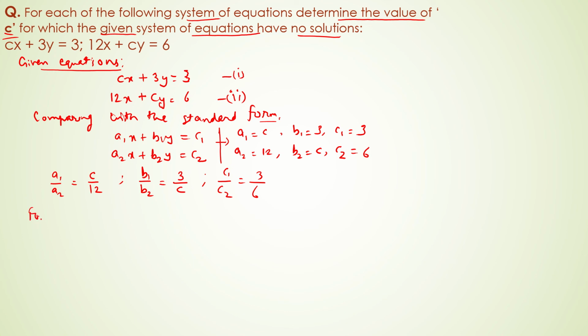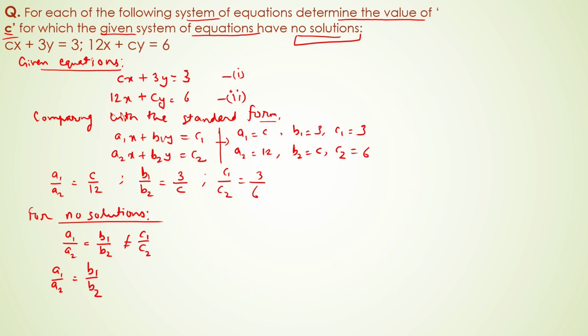So, for the case of no solution, a1 by a2 should be equal to b1 by b2 and they should not be equal to c1 by c2. So let us first take the situation of a1 by a2 equals b1 by b2.